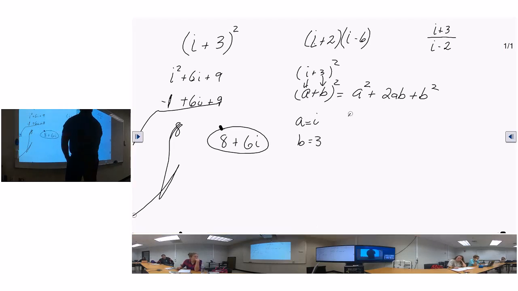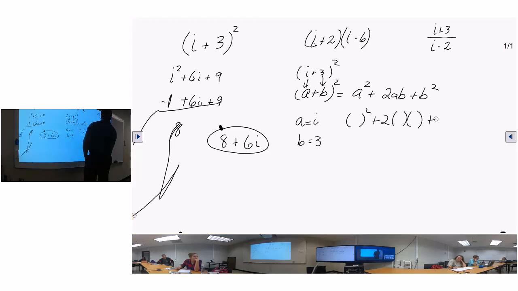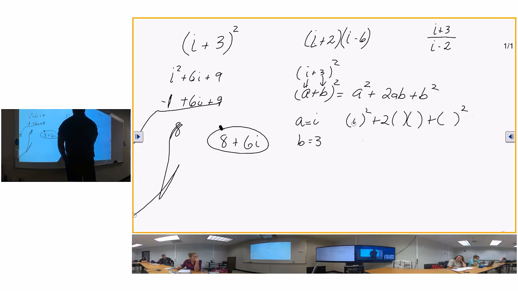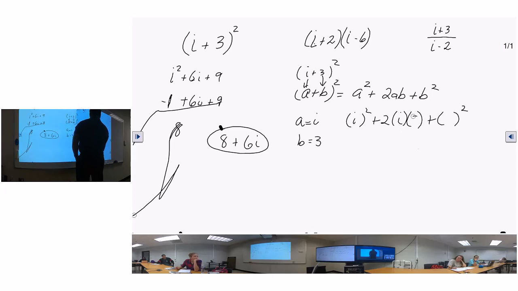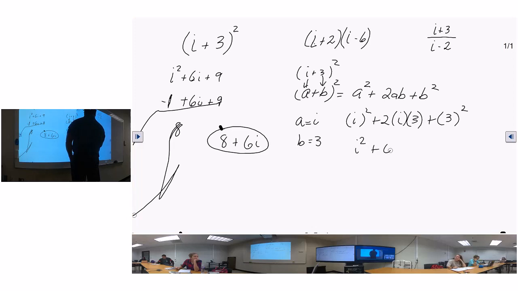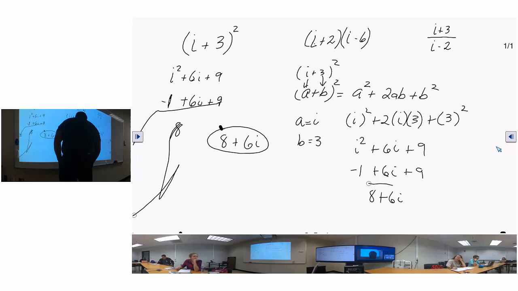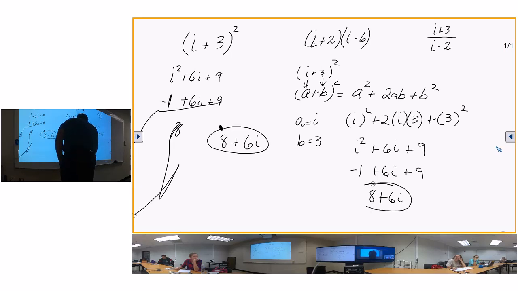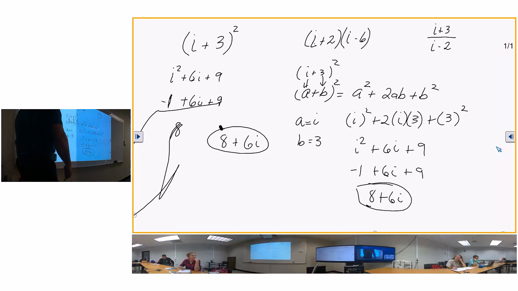Plug and chug. i squared plus 6i plus 9. Negative 1 plus 6i plus 9. 8 plus 6i. Okay? Shortcut number 1.